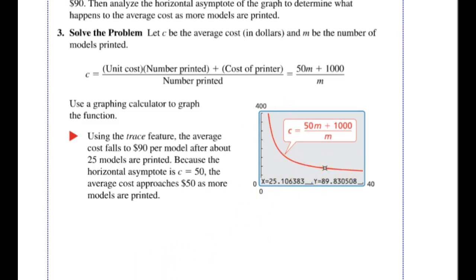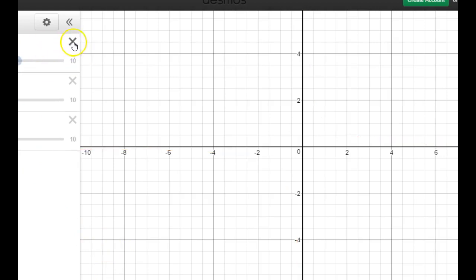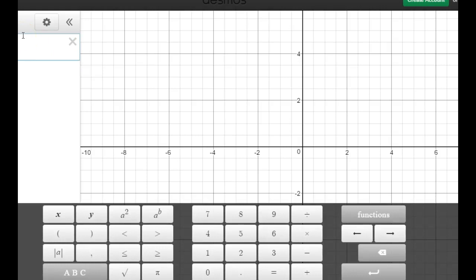So let's go ahead and actually look at Desmos and see what that would look like. Let me clear this out. So here we are going to have 50m plus 1000, and we're going to close that in, divided by m. I don't want sliders.